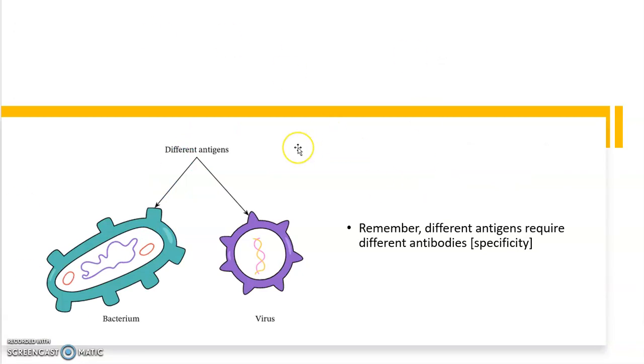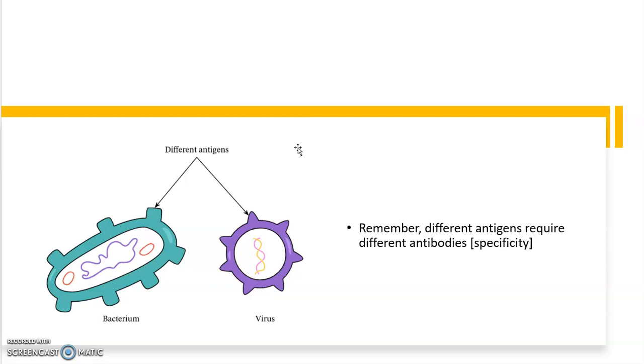I did already allude to this, but it is a highly specific reaction. For all the different antigens that are present on different types of bacteria and viruses, our body is able to generate different antibodies. So again, if our body makes antibodies to target antigens on the measles virus, they recognize those antigens only. They're not going to recognize antigens present on the influenza virus.